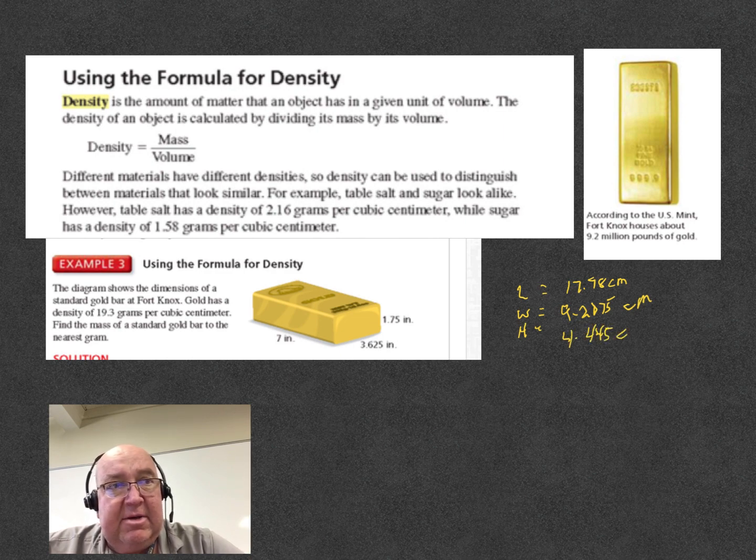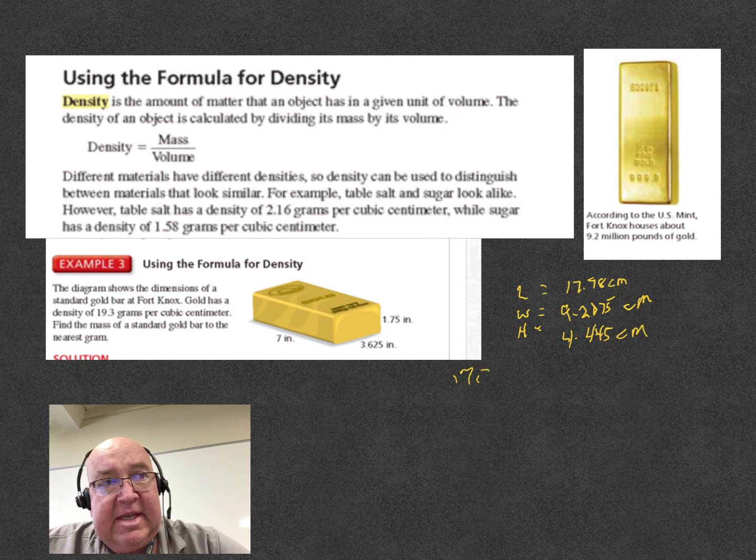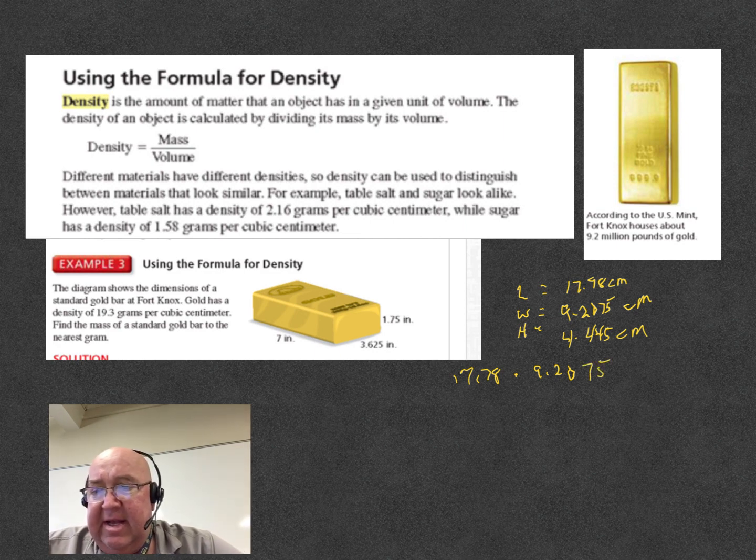Now we want to find the area, so we're going to have 17.78 times 9.2075, and that's going to come out to 163.70935 square centimeters.